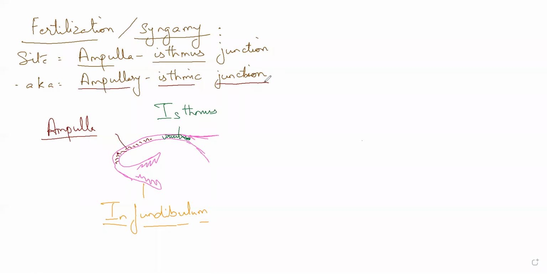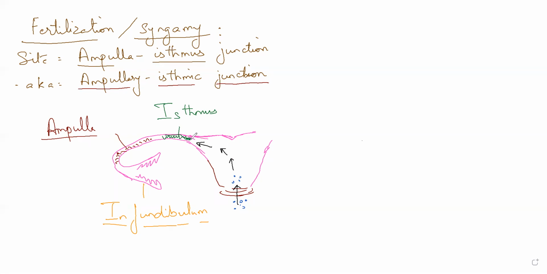Here the fertilization occurs, right? The sperms which are released at the cervix would travel first through the cervix into the body of the uterus, then up inwards and towards the isthmus.